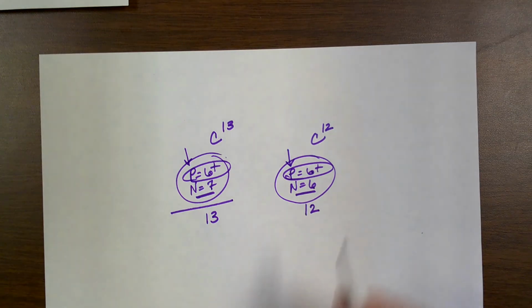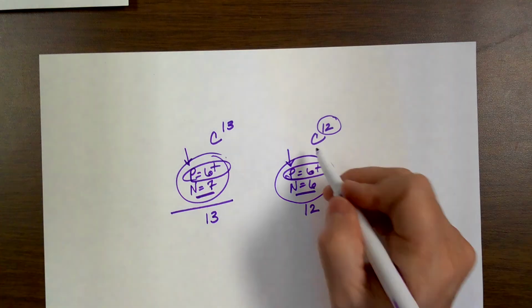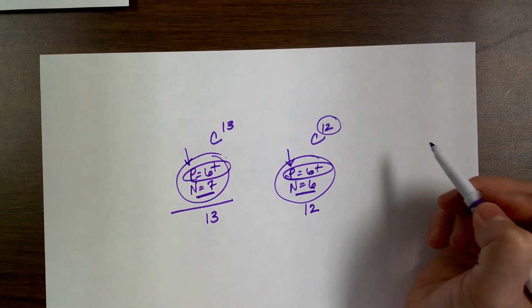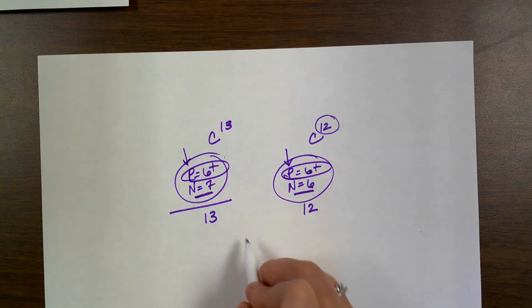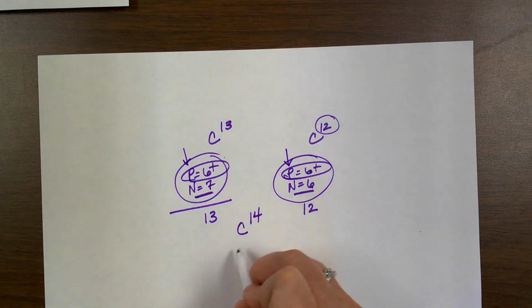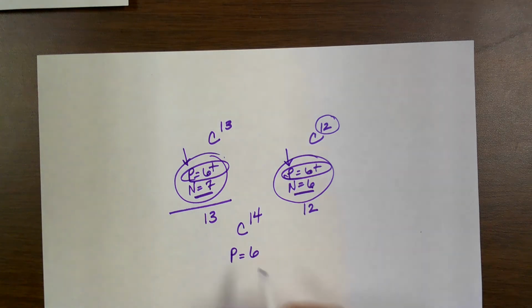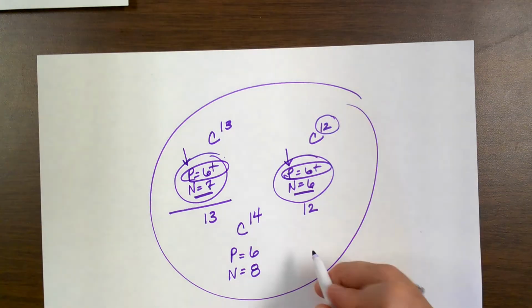And so that number just tells scientists that this carbon has 6 neutrons, but this carbon has 7. So if I had carbon 14, then my proton number cannot change because it's carbon, so it has 6. But that means my neutron number is even larger, so it's got to be 8 neutrons. Okay, and these are all isotopes of each other.